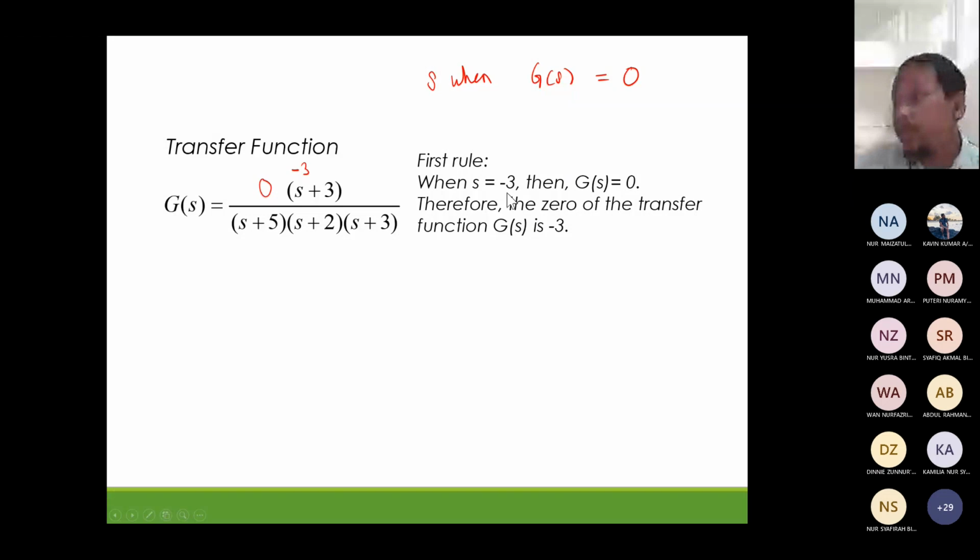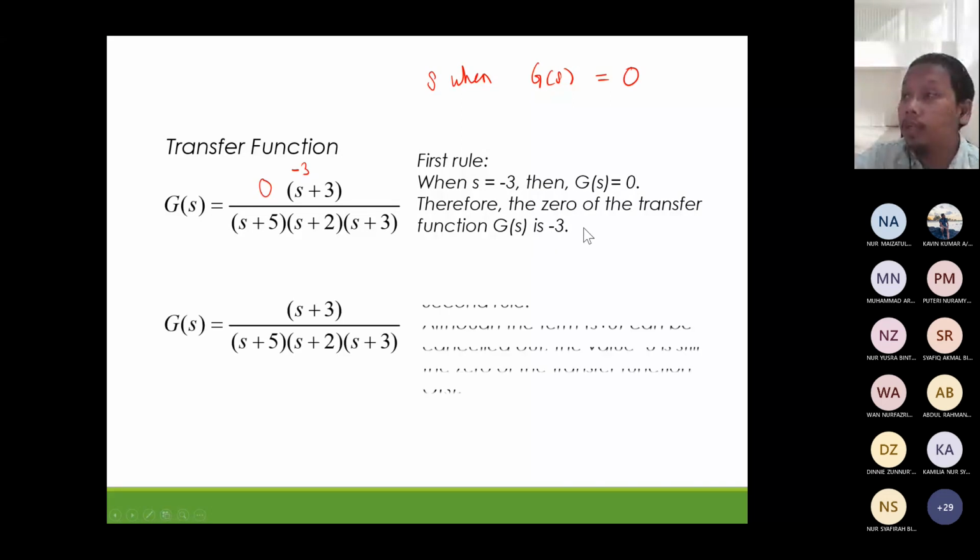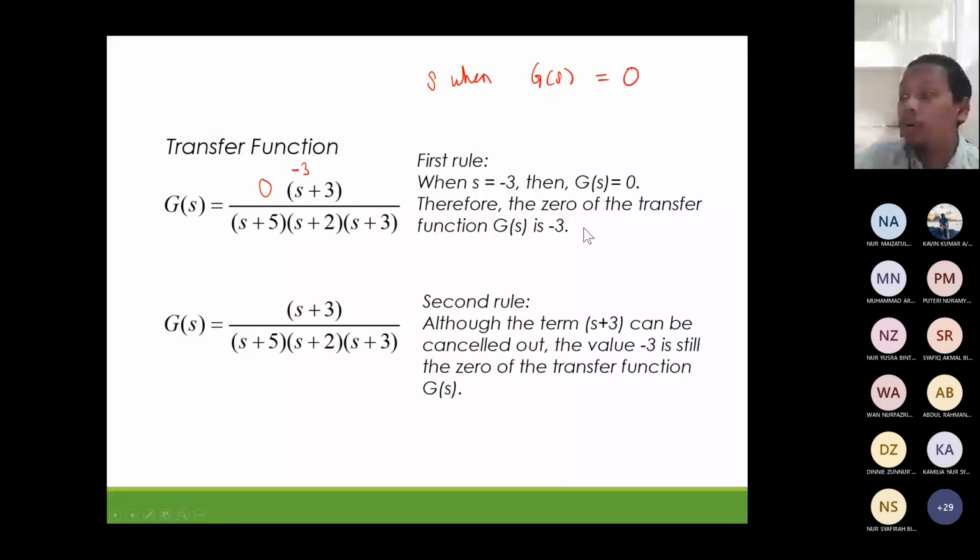When s equals minus 3, then G(s) equals 0. So the zero of the transfer function is minus 3. Or we can use the second rule: although we can cancel s plus 3 because they are the same, minus 3 is still the zero of the transfer function.